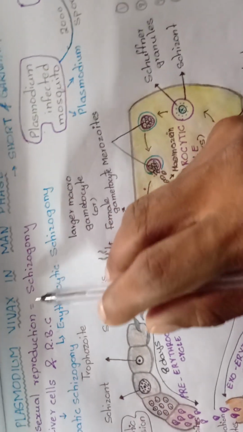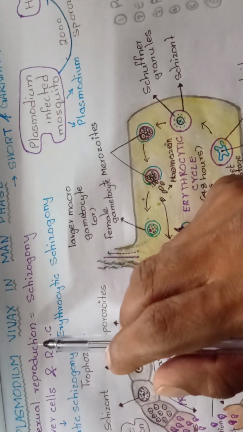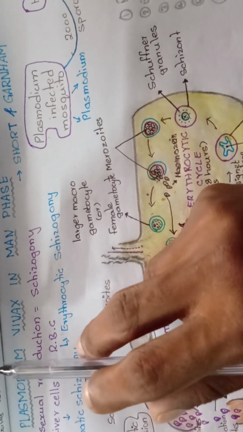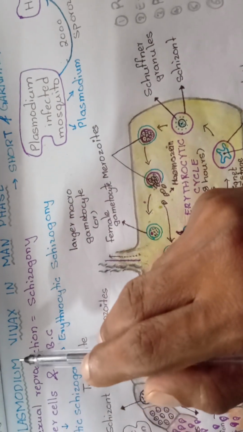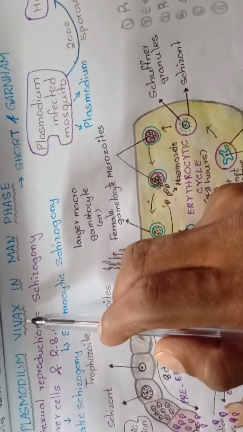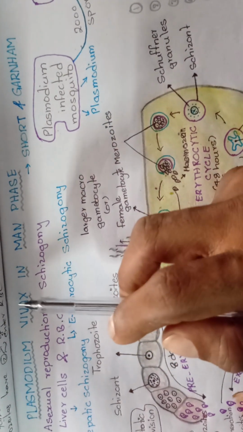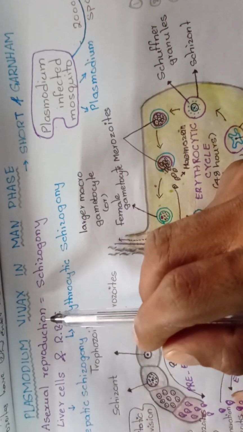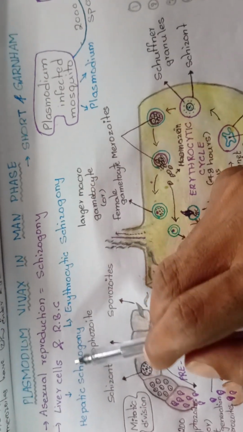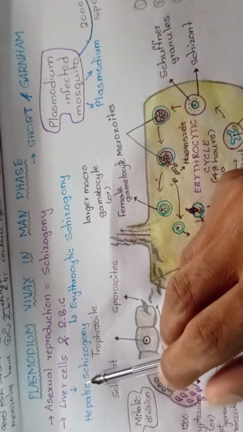When they enter into the liver cells, this schizogony infects the liver cells and RBC. The liver cells are nothing but hepatic cells.